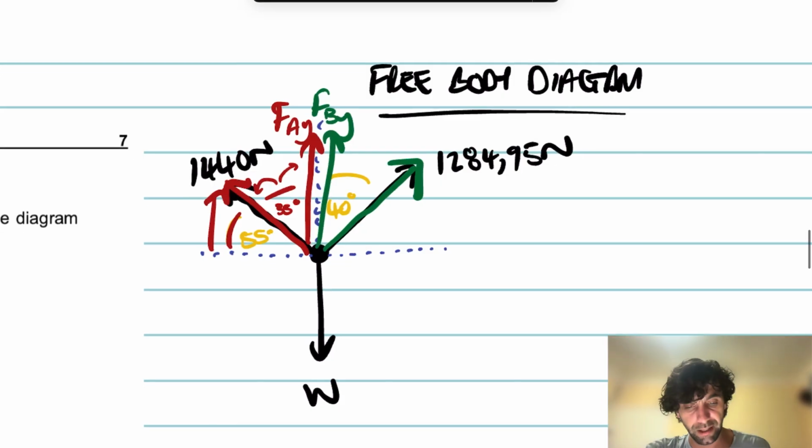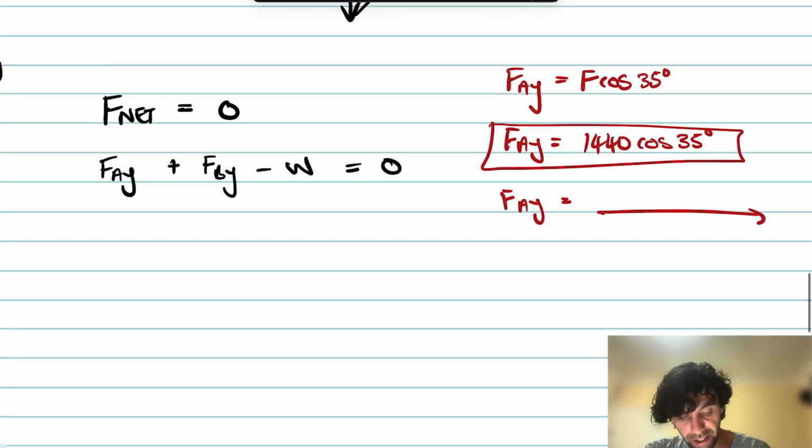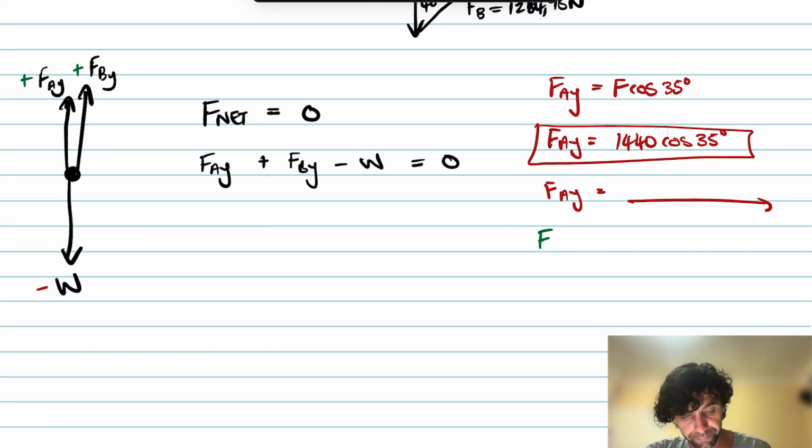So just to save time, I am now going to calculate this one. This is my hypotenuse from the 40-degree angle and my adjacent, so it's another cos. So I'm going to have FBY, which is equal to F cos 40 degrees now.